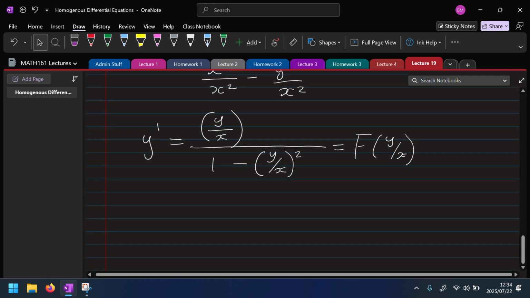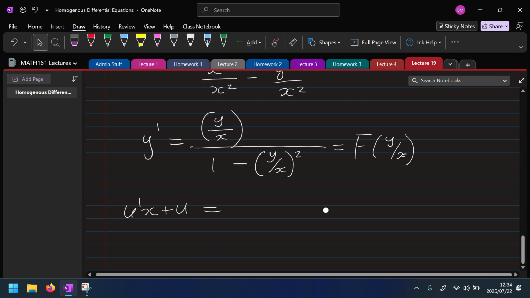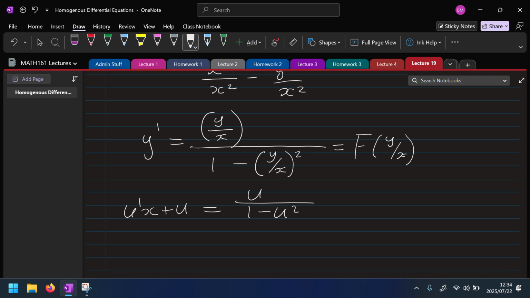Okay. So the y prime, we're going to replace with that expression with u. So it will be u prime x plus u. And then on the right side, the top, that's going to be u. The bottom, that will be 1 minus u squared. So we have something like this.